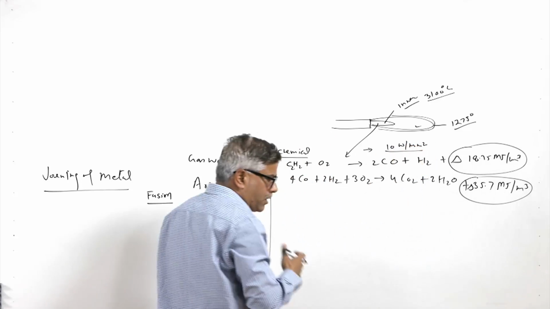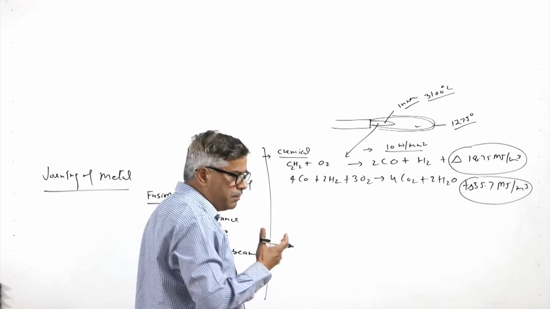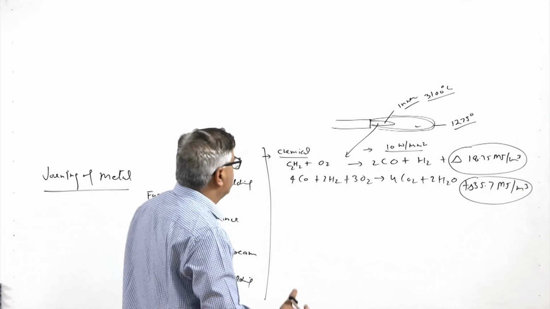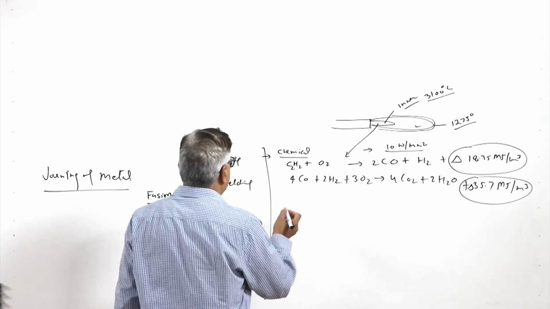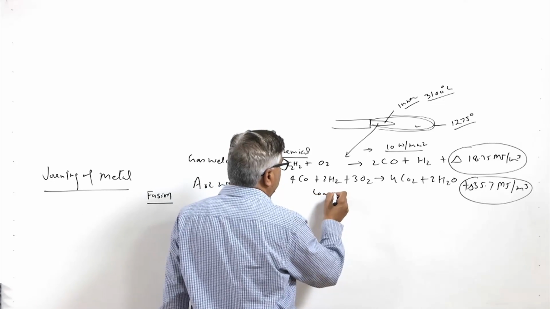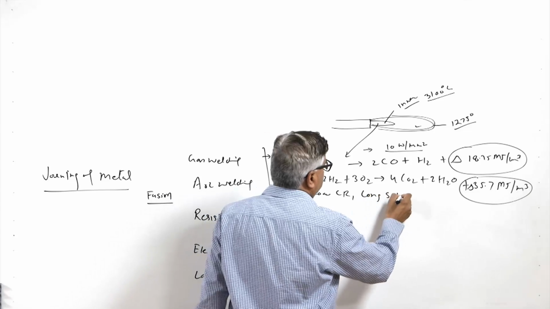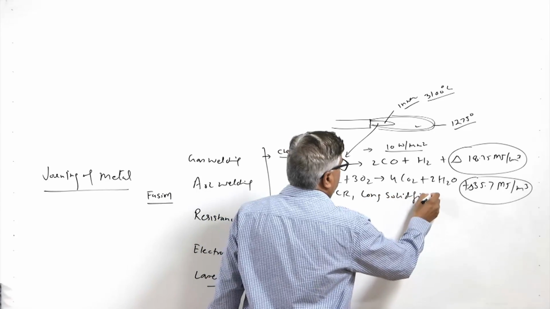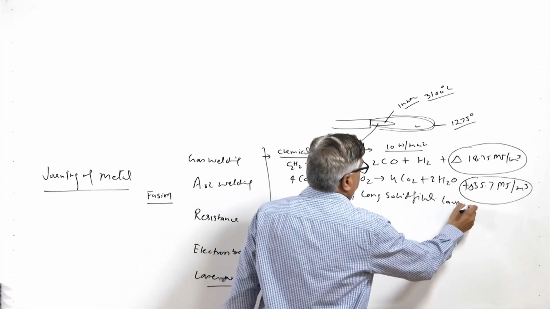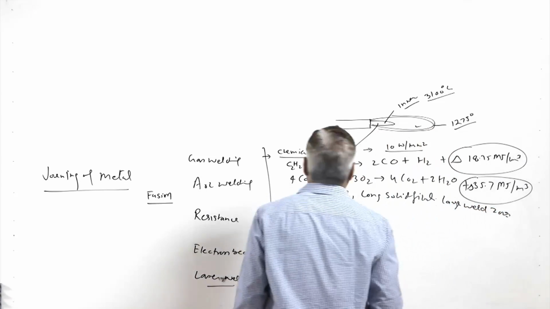So, it takes a lot of time to reach the fusion temperature, and in the meantime a lot of heat is dissipated to the base metal. That results in a very low cooling rate as well as a long solidification time of the weld metal, and a large weld fusion zone is produced as a result of gas welding.